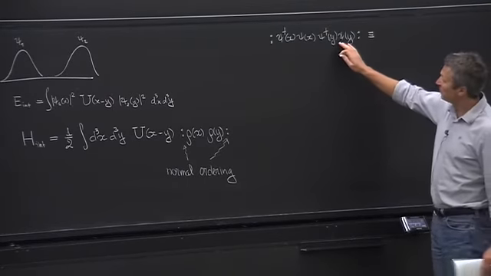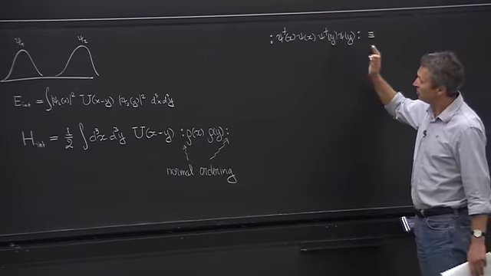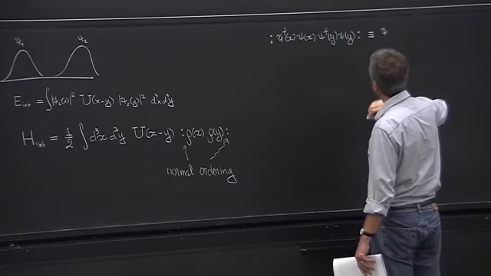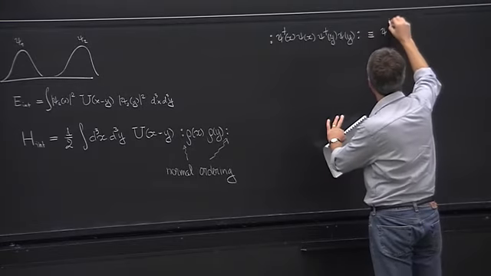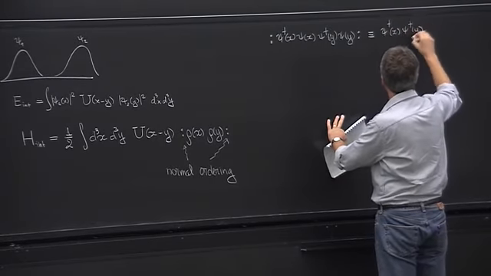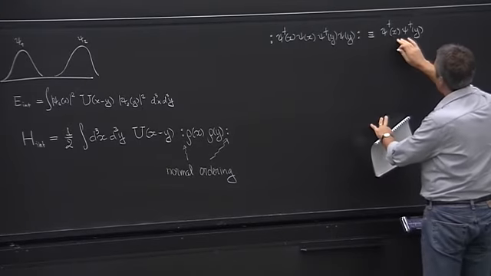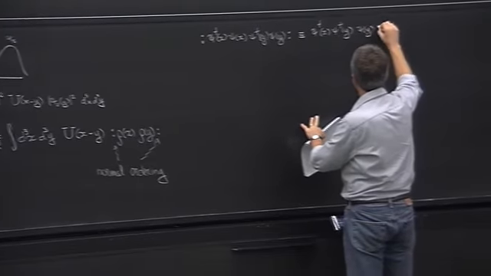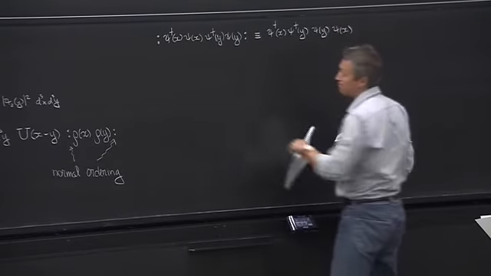But normal ordering means that we don't do it, we just put them to the left without producing commutators. So by definition, this is equal to psi dagger x, psi dagger y, psi of y, psi of x.